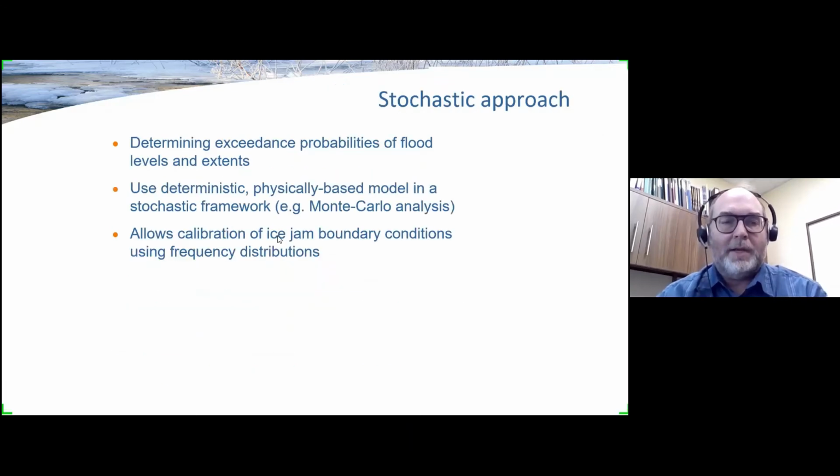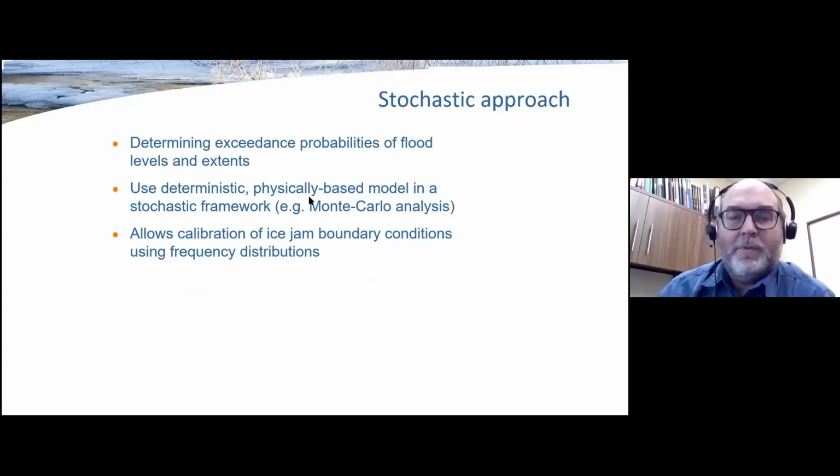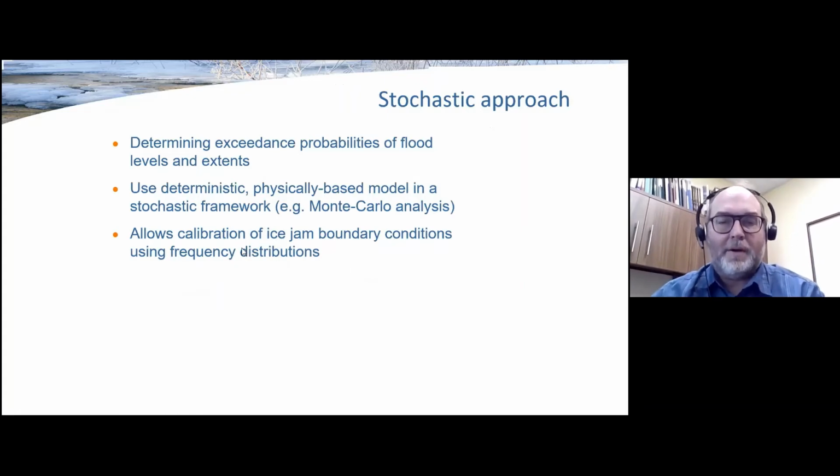I too like to use a deterministic model for a basis, but I embed it into a Monte Carlo framework, and this is probably the novelty of the method, that I calibrate that framework not using specific values of your boundary conditions or your parameters, but I'm calibrating frequency distributions.